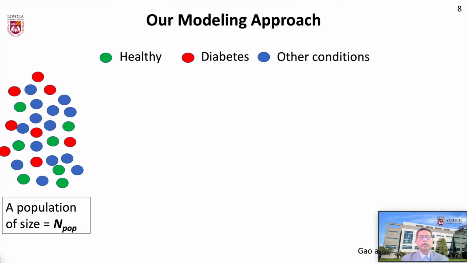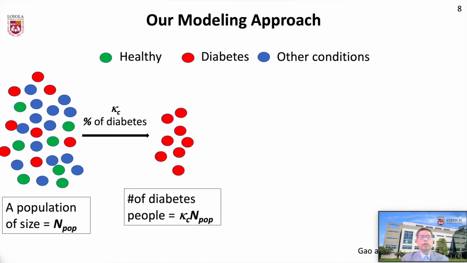And third, people who have other types of comorbidity but not diabetes, indicated by the blue dots. We use kappa C to represent the prevalence of a comorbidity, say diabetes, in this general population. Then the expected number of people with diabetes is kappa C times N-pop.